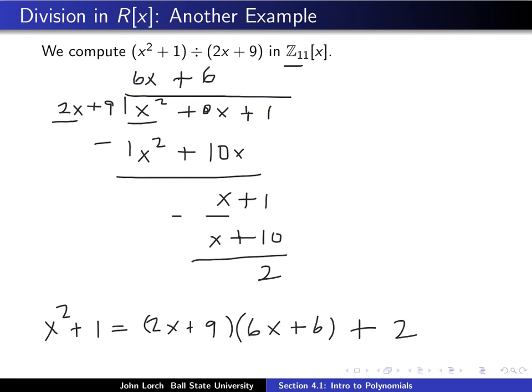So you might remember that when you're doing this division, you want your remainder to ultimately be something that has a degree that's less than the divisor. So here our divisor has degree 1, and our remainder, sure enough, is a constant with degree 0. Now sometimes the remainder could have no degree. In fact, if 2x divided evenly into x squared plus 1, then the remainder would be 0. And remember, the 0 polynomial does not have a degree.